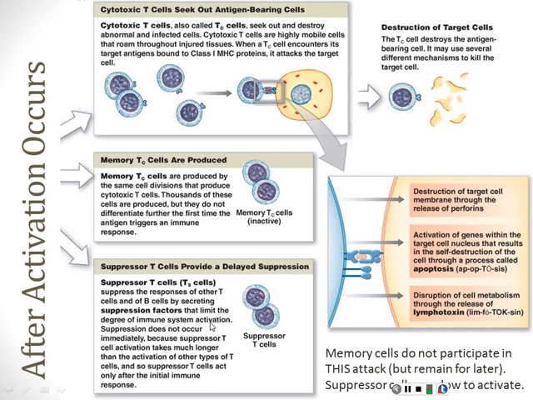Suppressor cells turn the immune system off, or turn this particular immune response down. That's important because everything has to have an off switch. If you're going to turn it on, you have to be able to turn it off. So the suppressor T cells develop later in the infection. By the time the infection is about cleared, the suppressor T cell numbers start to go up and turn off the original immune response so the body can get back to normal.